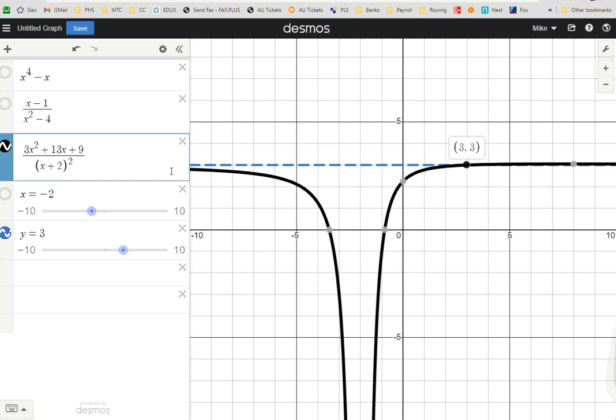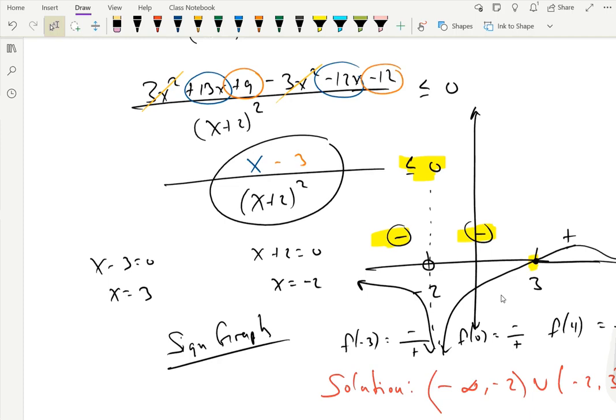Okay, so from negative infinity up to, now we do have this undefined piece at negative 2 still. So that would have had to be taken out, but then we go up to 3, and that's what we had said as well. I believe, yeah, over here. Let me share that screen again. So over here, we said it was 3. So from negative infinity up to negative 2, and from negative 2 up to 3, and then beyond that, we were above this axis.